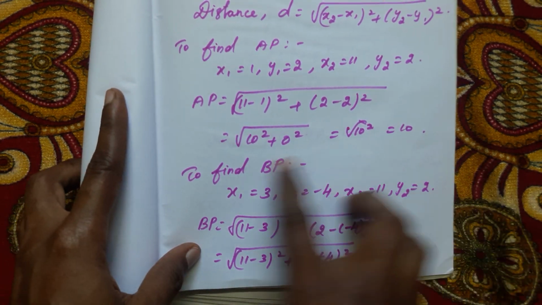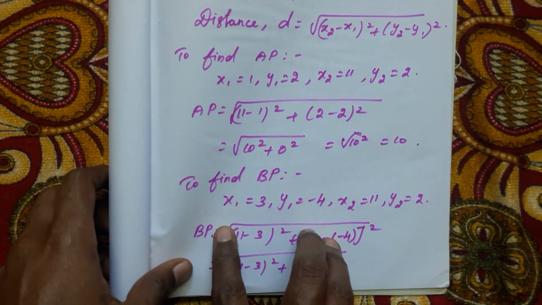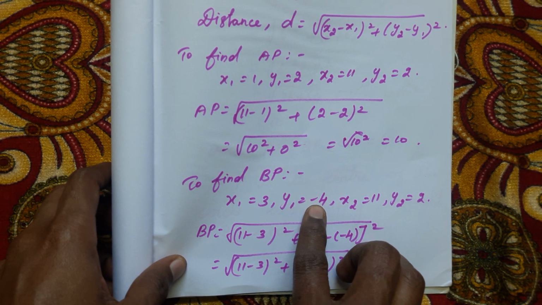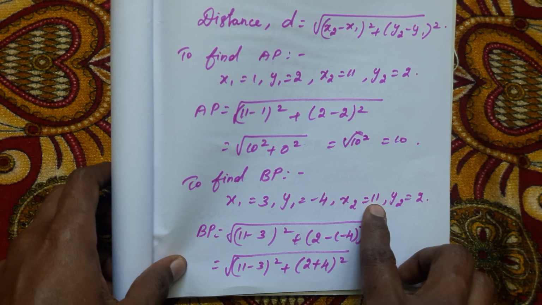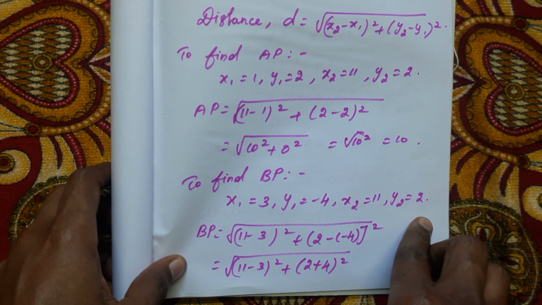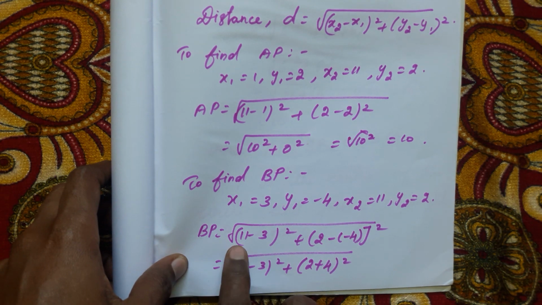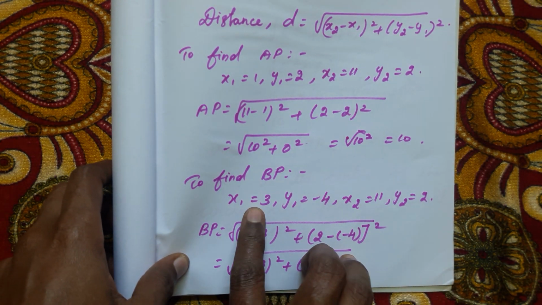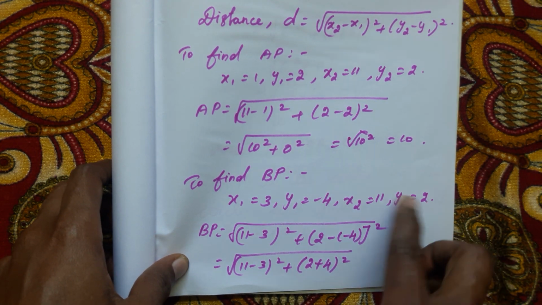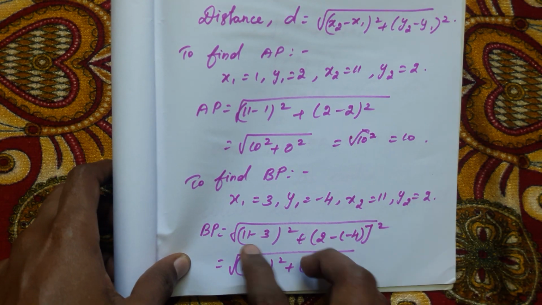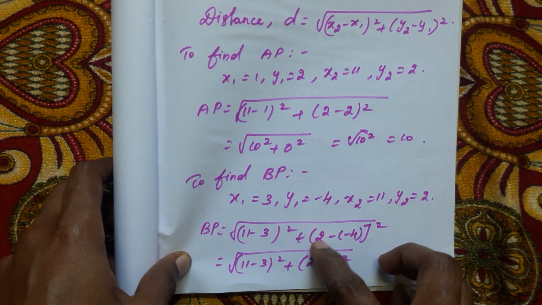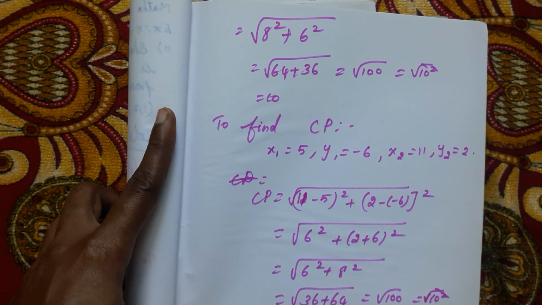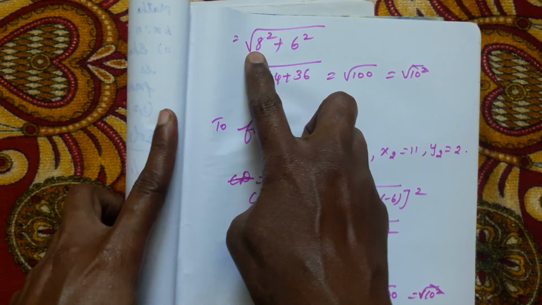Next we want to find out BP. x1 is equal to 3, y1 is equal to minus 4, x2 is equal to 11, y2 is equal to 2. Then BP is equal to root of (11 minus 3) the whole square plus (2 minus of minus 4) the whole square. 2 minus of minus 4 means plus 4 the whole square. 11 minus 3 means 8 square.